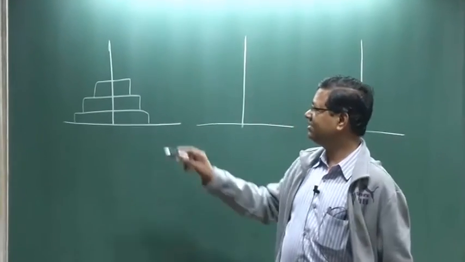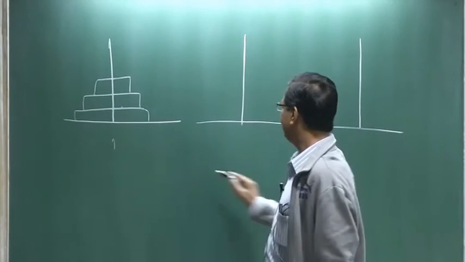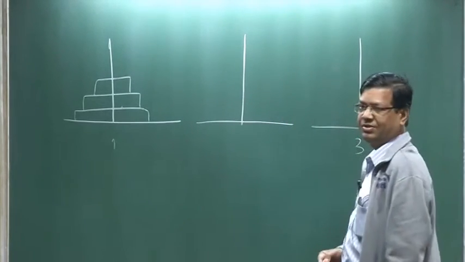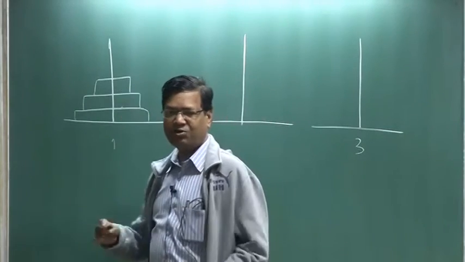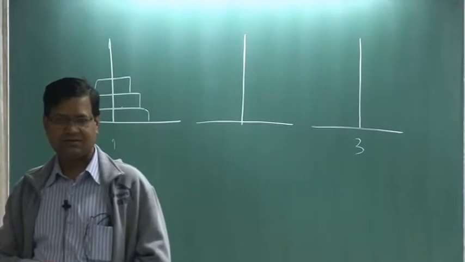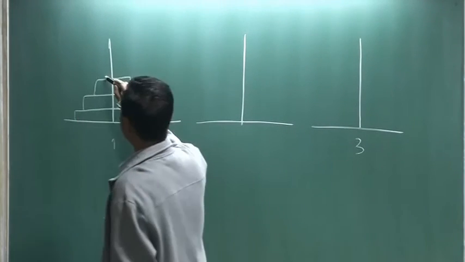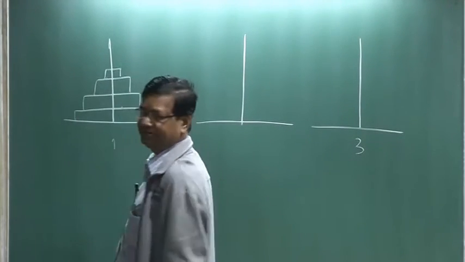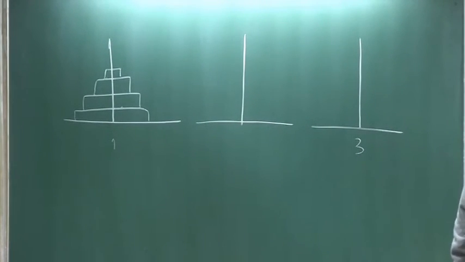Now, I have to transfer these disks from peg 1 to peg 3, but the rule is that a smaller disk cannot be below a larger disk. Okay. So, how shall we do it? This is a well known problem, yes.